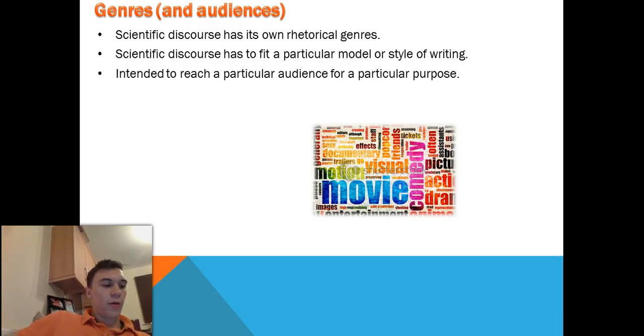It is intended to accomplish a particular persuasive purpose. Each is intended to reach a particular audience for a particular purpose, and is therefore constrained in its use of rhetorical strategies.